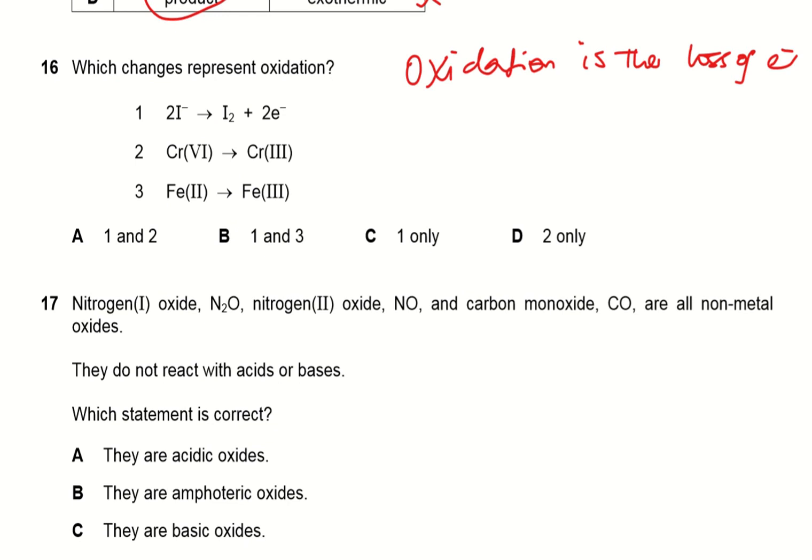You need to check that. You also need to know that oxidation can be defined as an increase in oxidation number. So we'll combine the two definitions: loss of electrons, or increase in oxidation number.